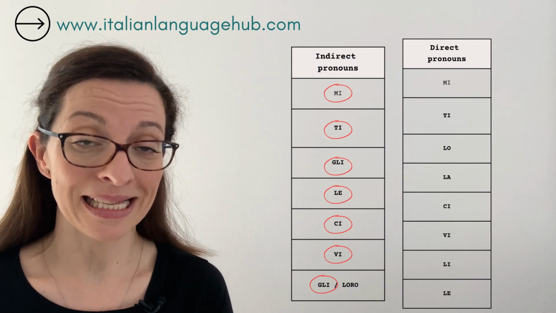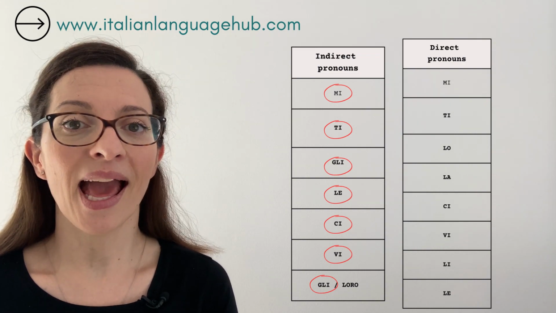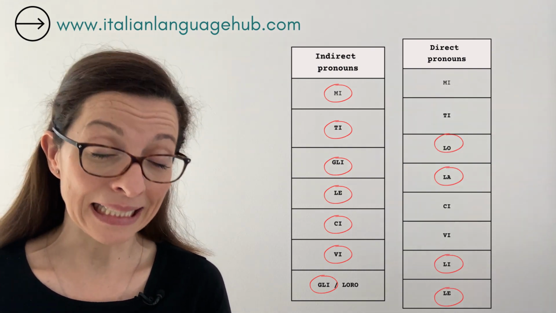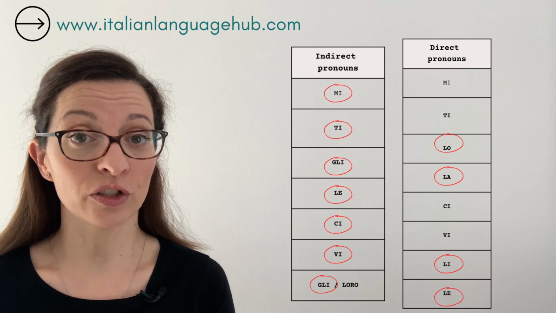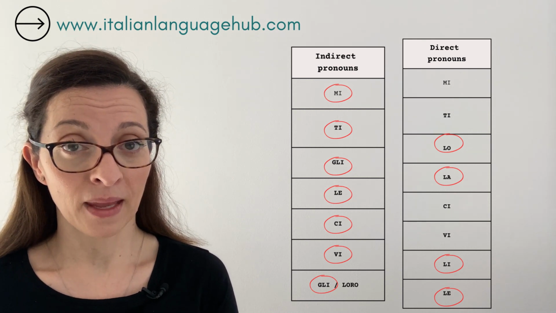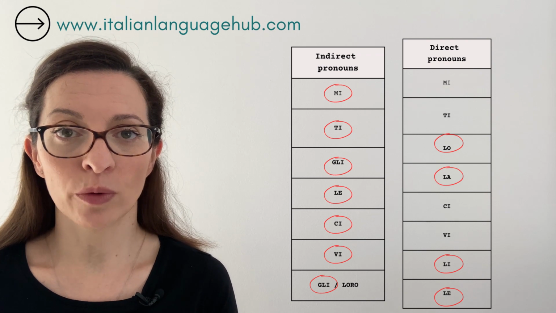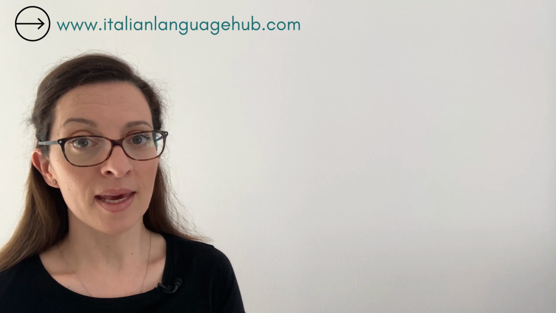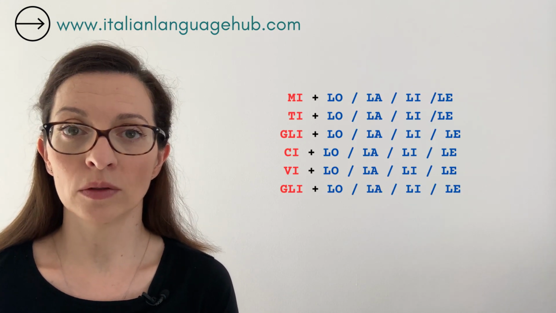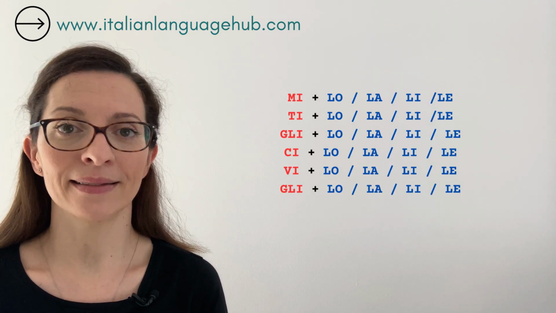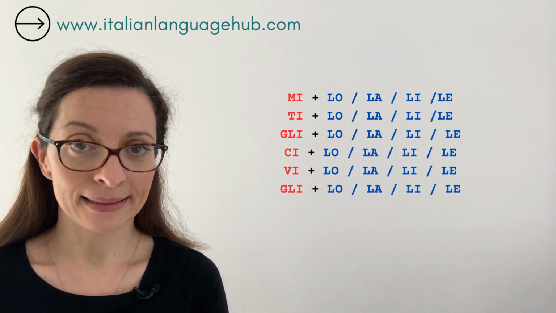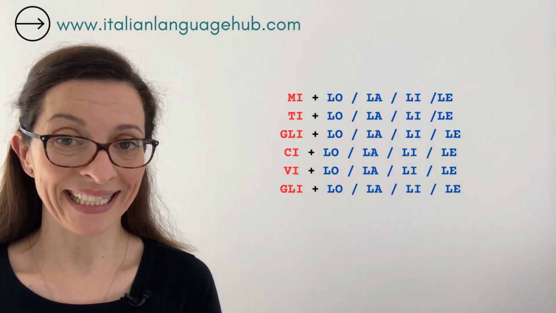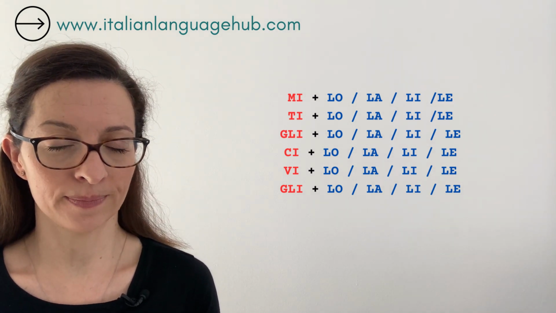And then we're going to use lo, la, li, le for the direct pronouns. Let's see what happens when we put them next to each other. So your options are mi plus lo, la, li, le, ti plus lo, la, li, le, and so on.